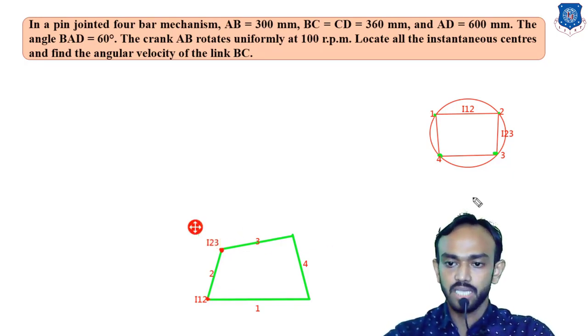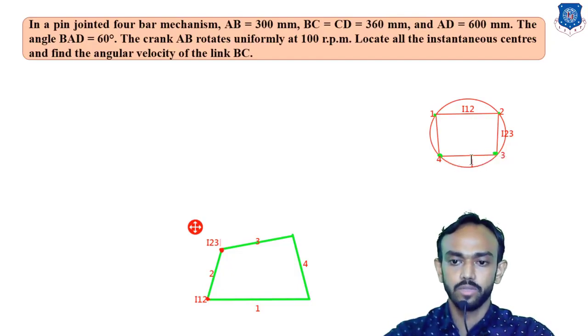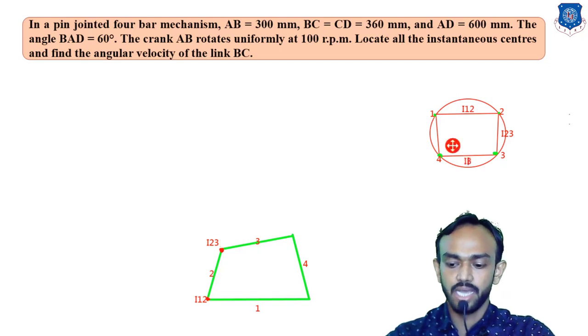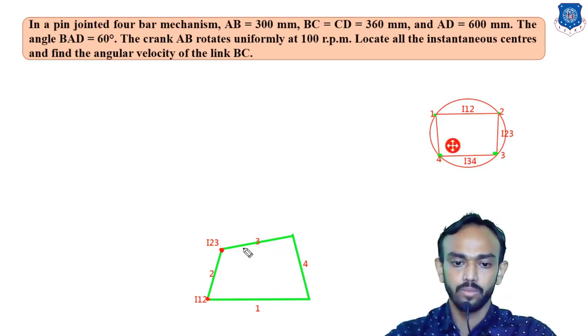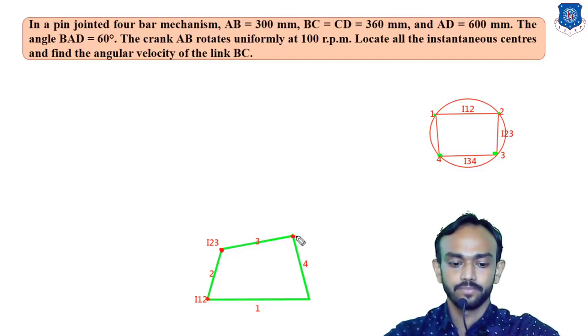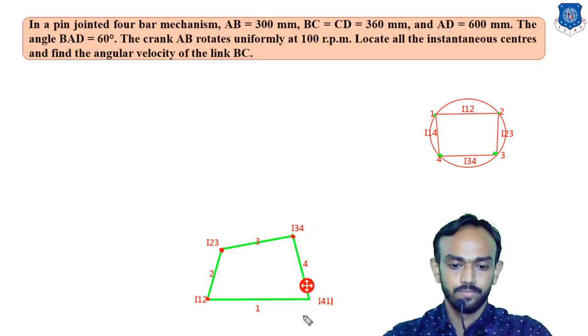Same as you can see here, this 3 and 4 are connected by this line, so the name of the eye center will be I34, and you can locate here link number 3 and 4 are connected, so it is known as I34. After that, you can check here, this 4 and 1 are connected by this line, so you can give the eye center here, which is known as I14, and in our diagram I41.